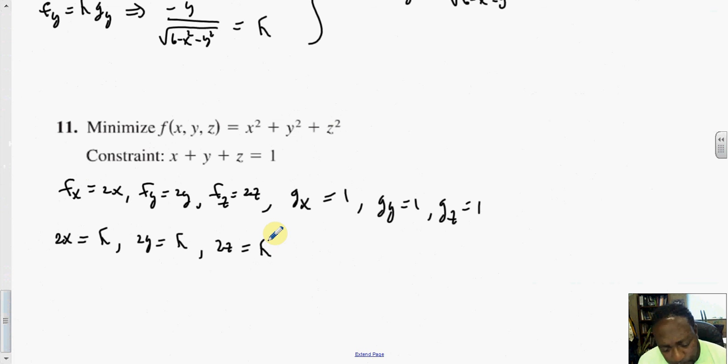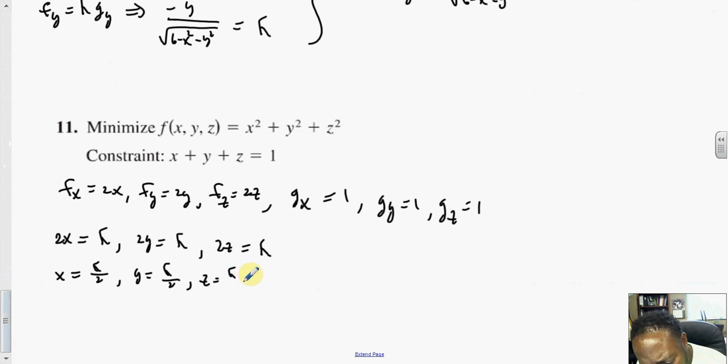Now, if that be the case, then obviously x is equal to lambda over 2, y is equal to lambda over 2, and z is equal to lambda over 2. So we plug in these three values, the same values, into the constraint equation.